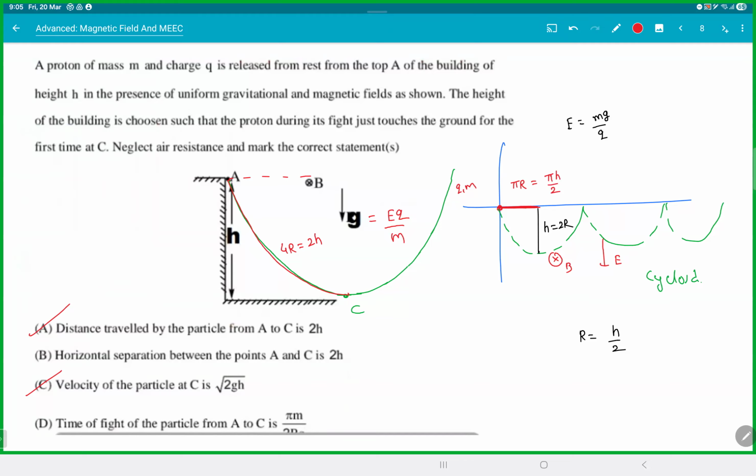So yeah, that's gone. What about the time of flight? Half of the time period? Isn't it? It's like a particle completing a revolution, isn't it? So time taken from A to C is half of the time period, which is pi m by qB. I don't know what that is, but it looks like a 2 or something there.